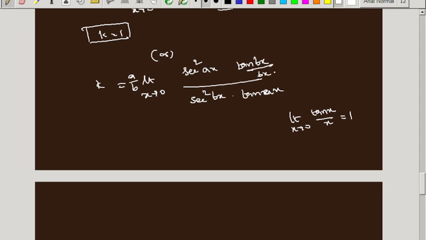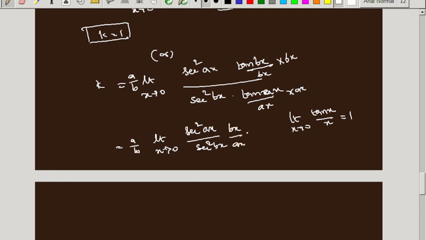So similarly we can do this for this term. Let us multiply and divide by bx, and here we multiply and divide by ax. So what happens? A by b, limit x tends to 0, secant square ax dividing by secant square bx. Here bx dividing by ax is there.